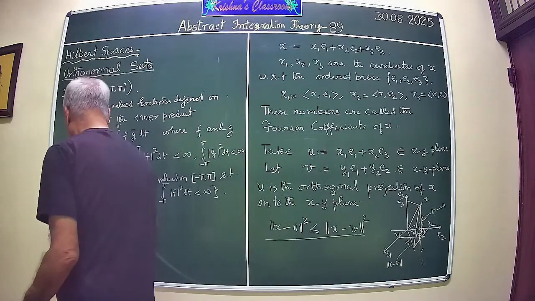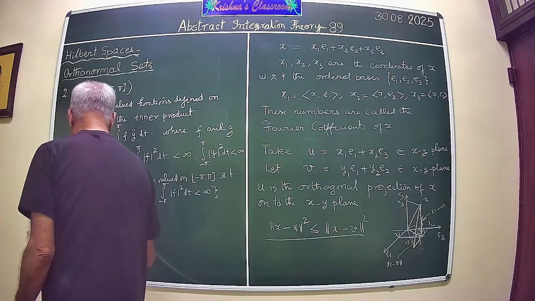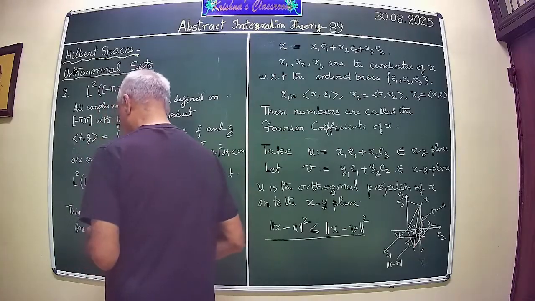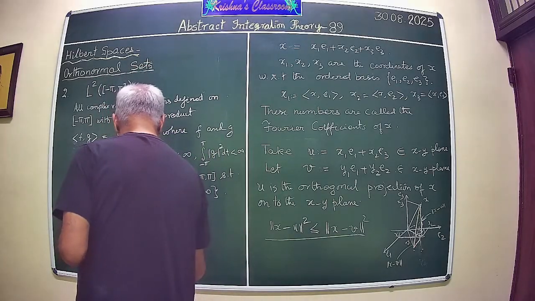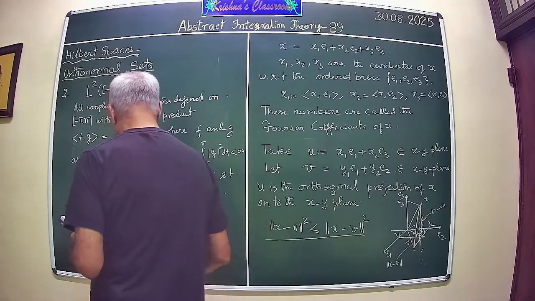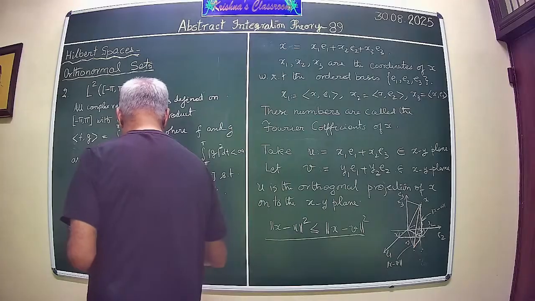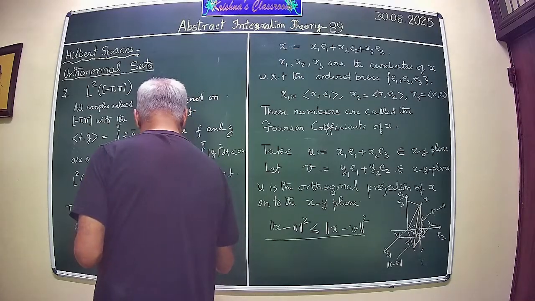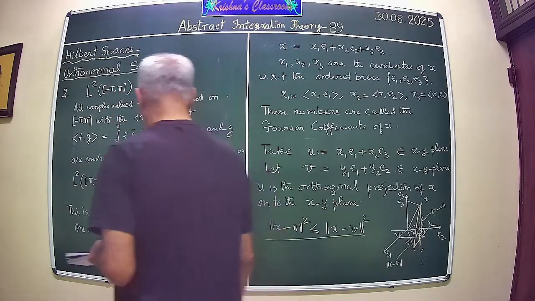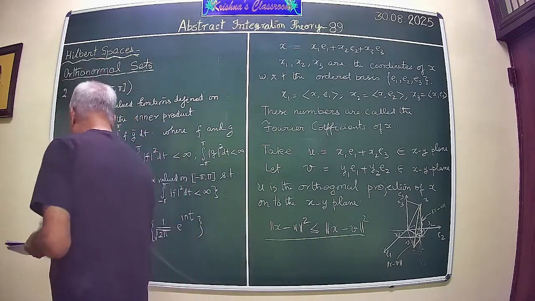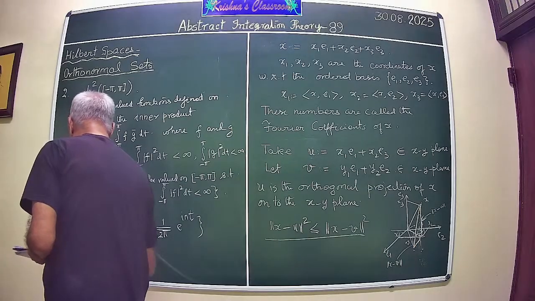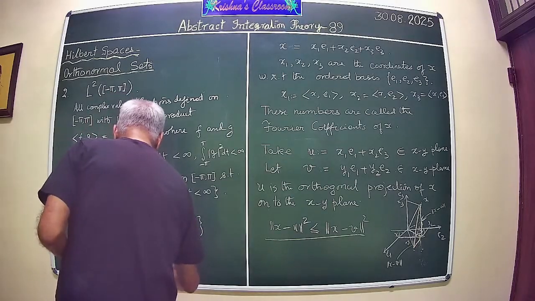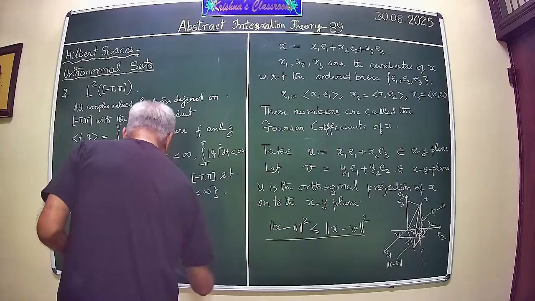Now one can show that the collection one by root 2 pi e to the power i n t forms an orthonormal sequence on minus pi to pi.